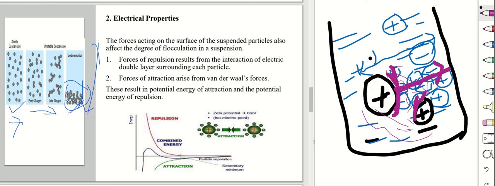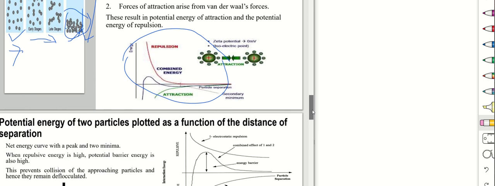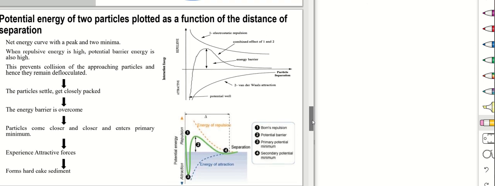Now, that concept we are going to see in detail, and let us even discuss this graph in detail. In the next slide, we will be discussing the surface charges and the surface energy carried by each suspended particle.